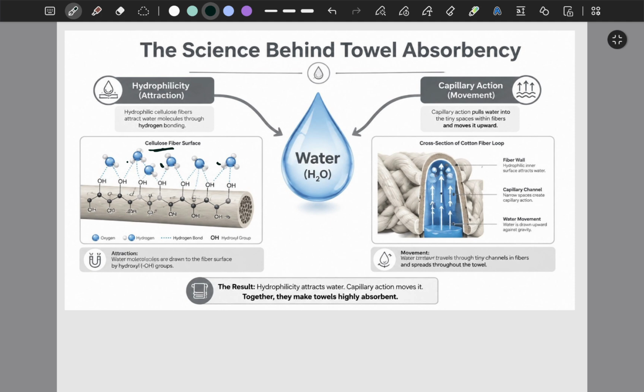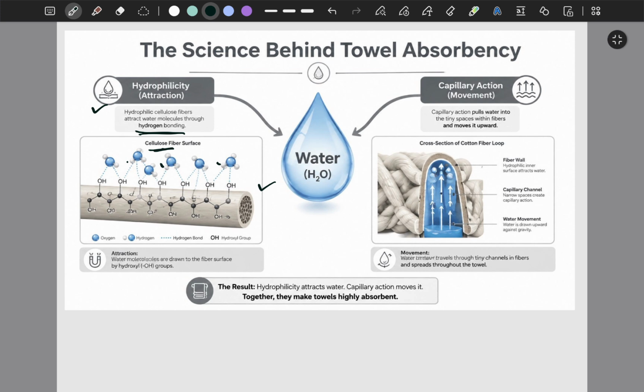Oxygen will be attracted to the positively charged regions, and hydrogen will be attracted to the negatively charged regions, and because of this the towel will absorb the water without actually getting dissolved in the water. So this is because of hydrogen bonding, the hydrophilic cellulose.